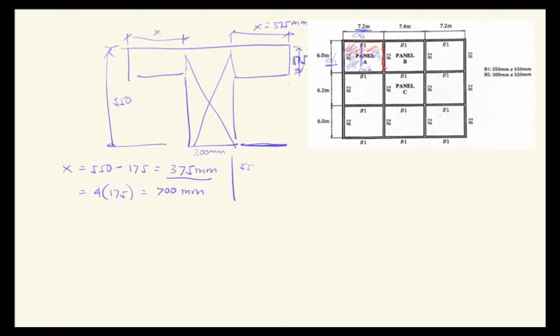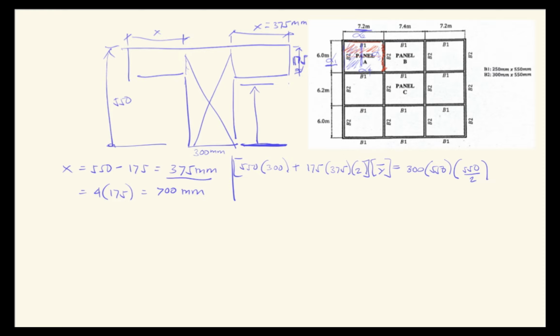So we have the area 550 multiplied by 300 plus 175 times 375 multiplied by 2, multiplied by y bar, equal to 300 times 550 and 550 divided by 2, with reference, of course, here, bottom.